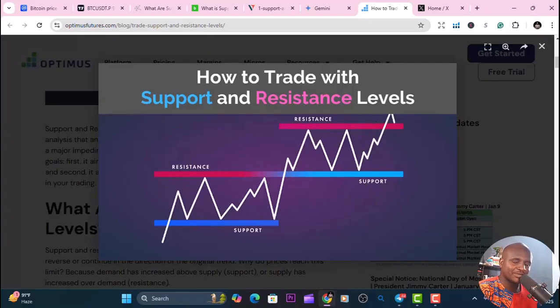But there are times that a support level can still be a resistance level. The same line can be a resistance level. That is when the price breaks above the resistance level, it can use that resistance level as support. And that plays out here. Once the price is here, it tries to go up, then it resists.